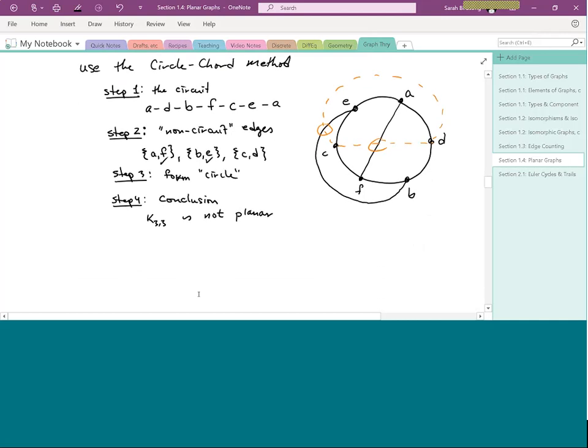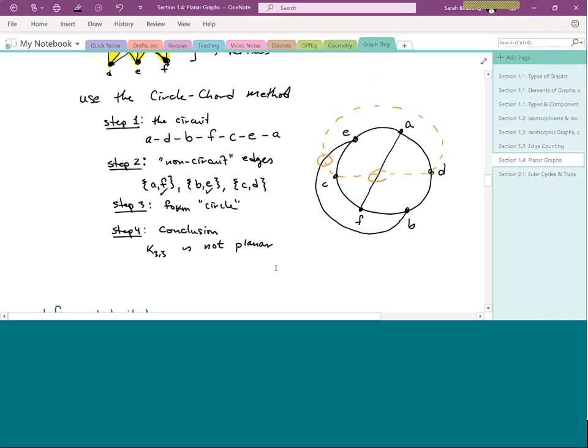So let me go ahead and give you that extra thing. So note K33, and I'll give you the other graph too, K5, are the smallest non-planar graphs.